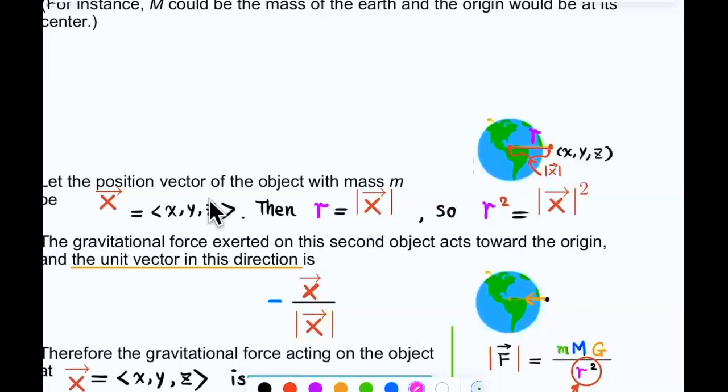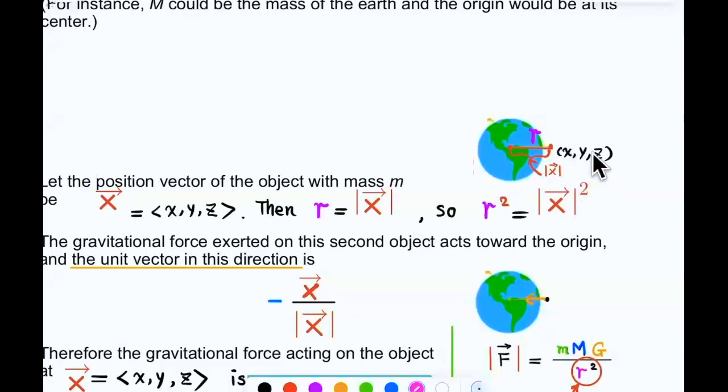So the position vector of this point in outer space will be x arrow right here, which is the position vector of this point, right? Then the r here is from this object to the center of Earth. Think about that. The other object here is the Earth. R here is from the object to the center of Earth.